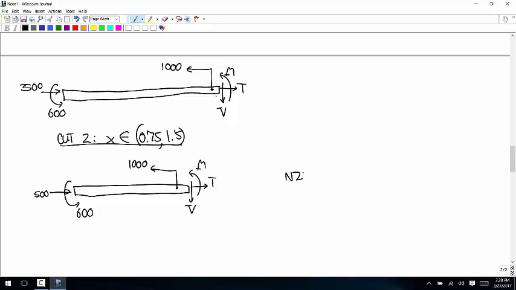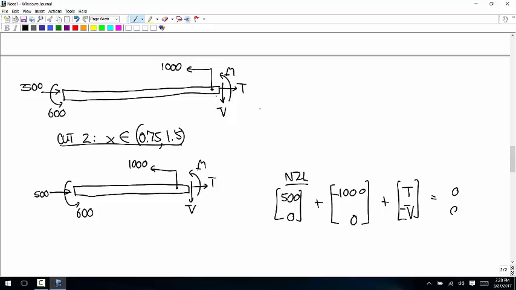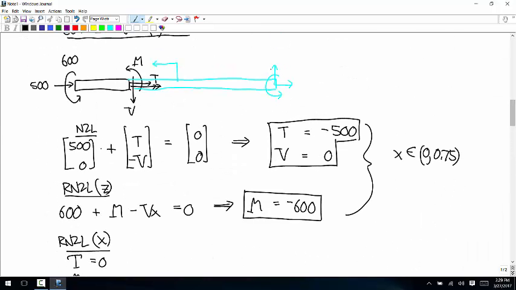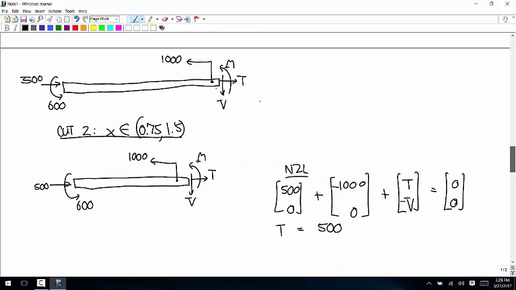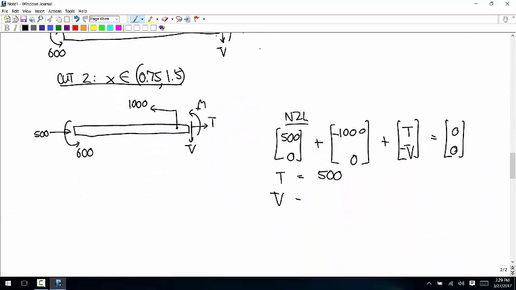And so Newton's second law says 500, 0, plus negative 1,000, 0, plus T, negative V, is equal to zeros. So T is equal to positive 500. What was it before? Negative 500. V is still equal to 0.